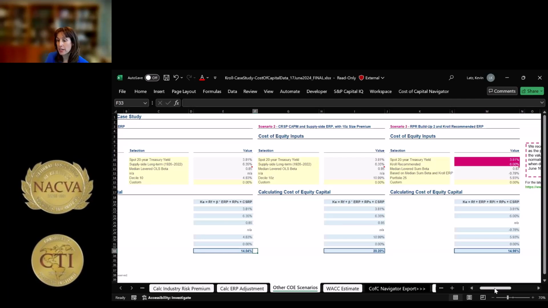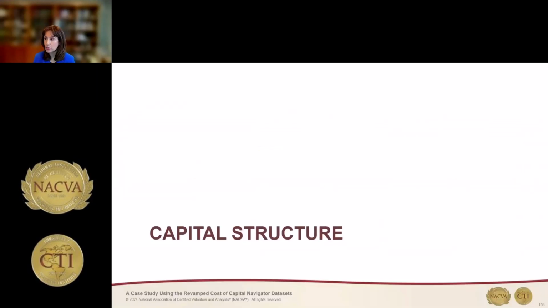So if you go back now, Kevin, to the capital structure. Now, a lot of you may not get into a WACC. Maybe you stop at cost of equity and that's where you're at. But if you're going to go to the next step and estimate the weighted average cost of capital, or WACC, then you have to be concerned about the capital structure, right?